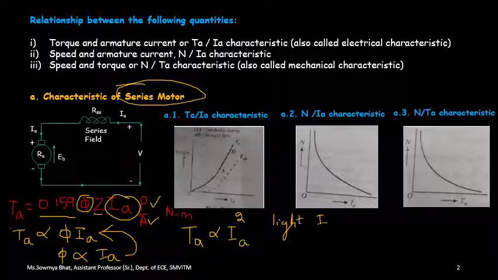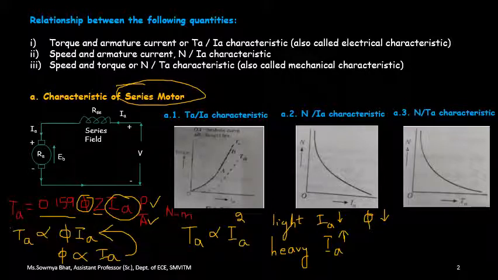Obviously the armature current would have decreased, which in turn makes the flux also very small. If I am considering heavier loads, an increased load, it in turn will increase the armature current, which in turn will increase the flux.